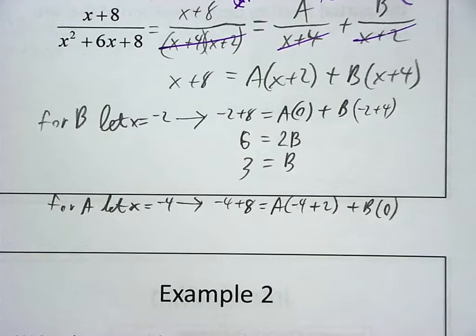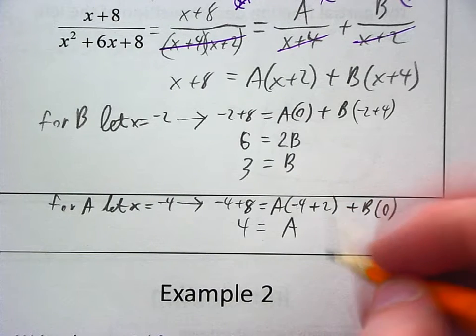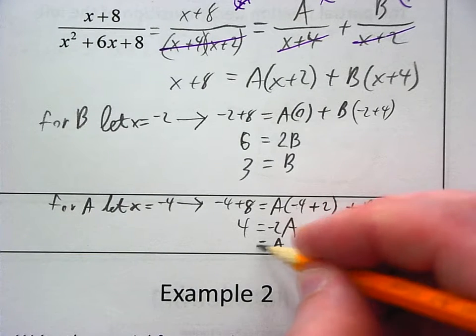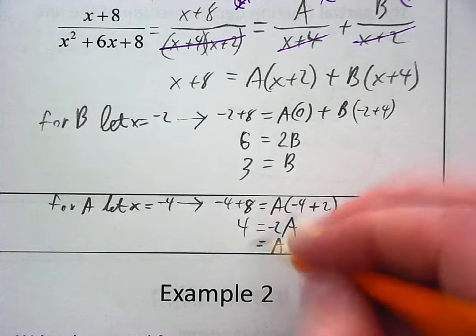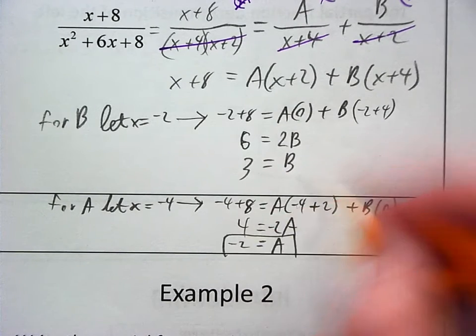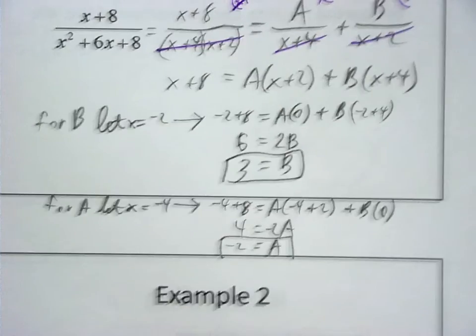What do you get on the left side? Coefficient on a? Negative 2. So a is going to equal negative 2.